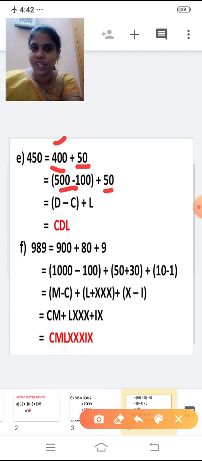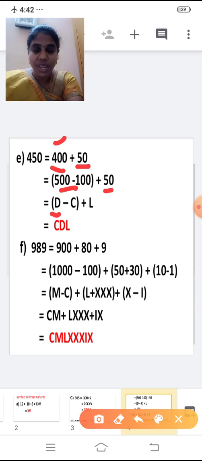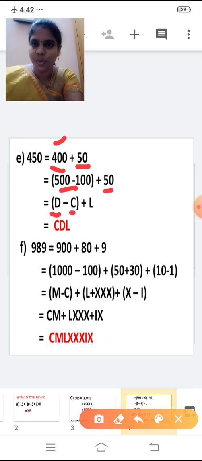That 50 I'm writing it down. And what is the value of 500? D, right? So the Roman numeral for 500 is D. And Roman numeral for 100 is C. D minus C plus, what is the Roman numeral for 50?